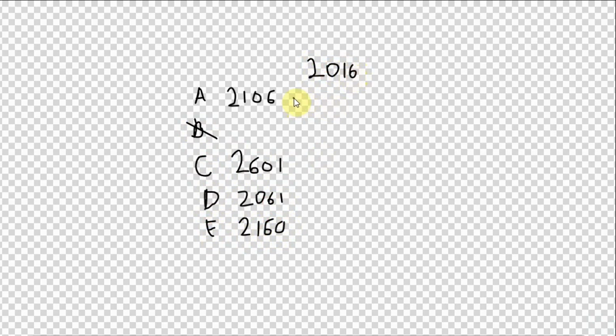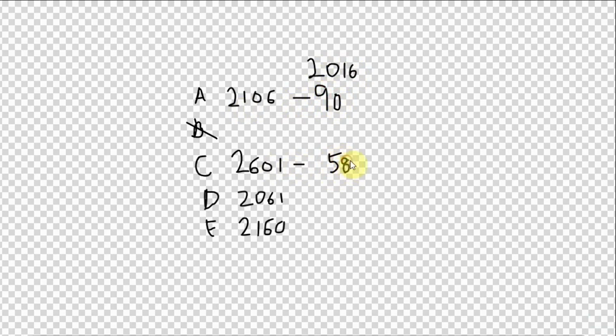You can either use a calculator or calculate it using pen and paper. It's your choice. I've already done the calculation, so I'll tell you what the difference is. 2106 minus 2016 is 90, and the difference between 2601 and 2016 is 585.